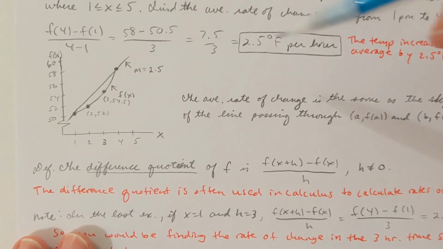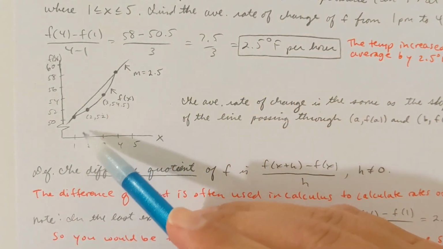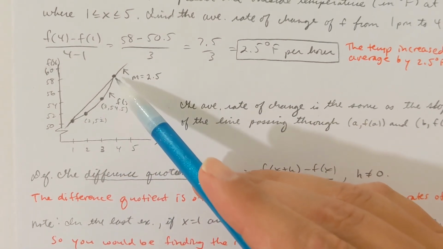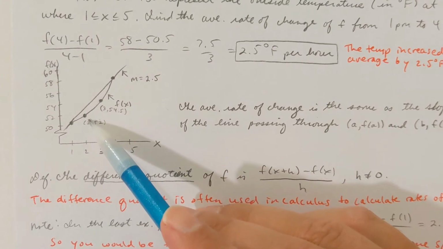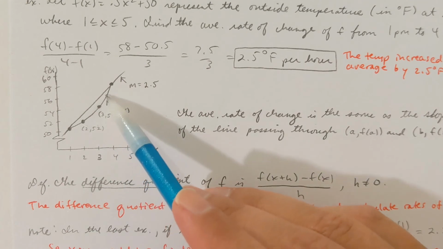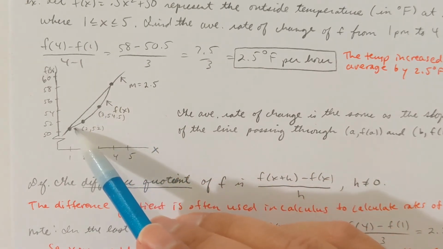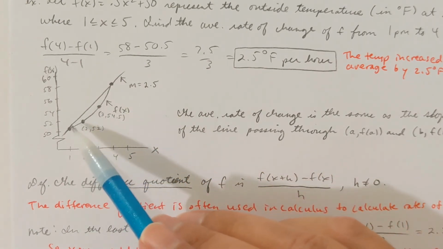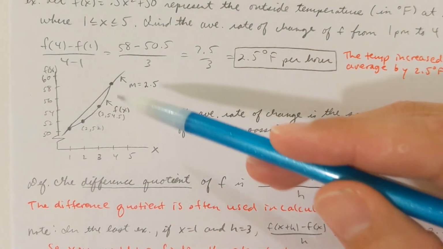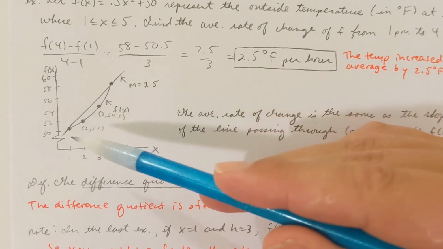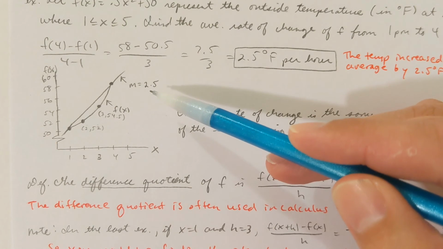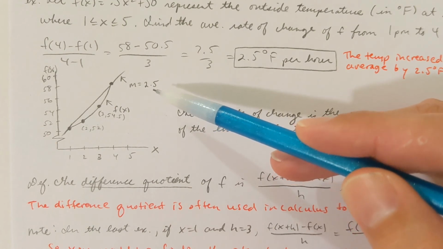Okay, here's a picture. Here's 1, 50.5, and 4, 58, 2, 52, 3, 54.5, and I've got my curve here. Now, f of 4 is right here. F of 1 is right here. And I draw a line. Now the slope of this line is 2.5.